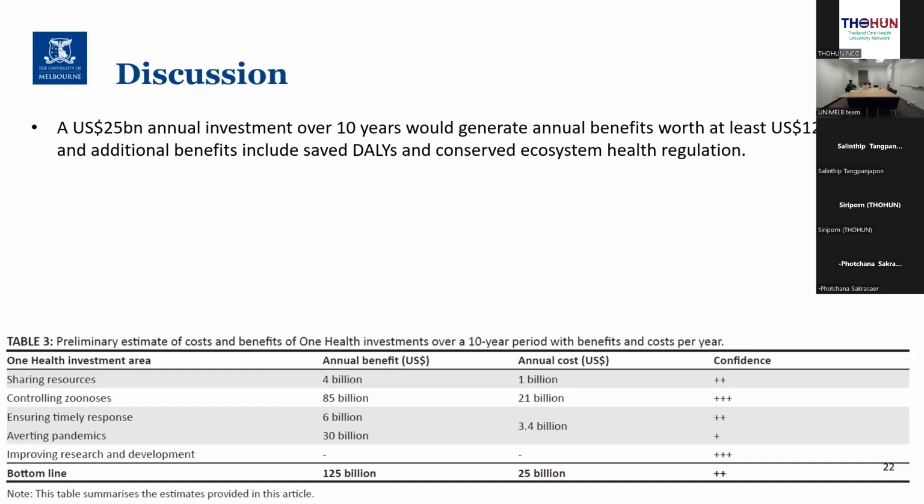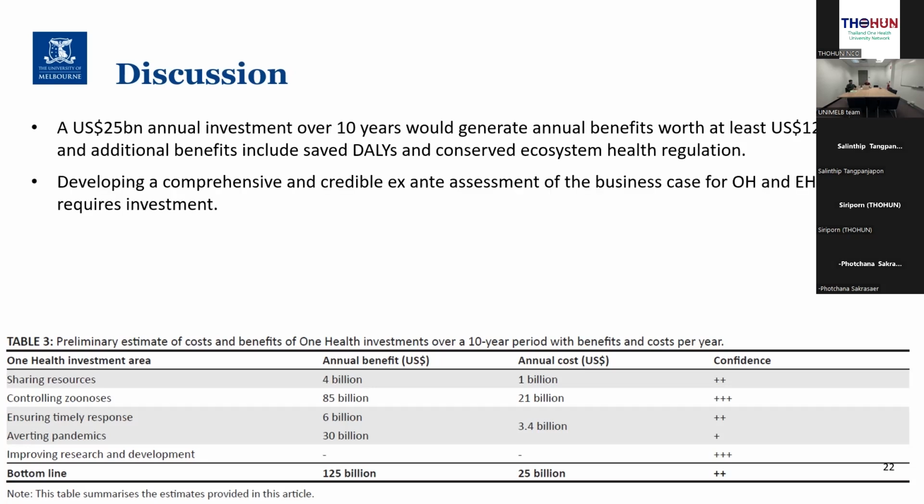So this is already saying, if you're investing in these One Health areas with different levels of confidence, you can see on the right-hand side of the table, controlling zoonoses, I think it'd be more confident. So you can see that there's pretty significant impacts for not so insignificant investments. So about a 5-to-1 return on investment.